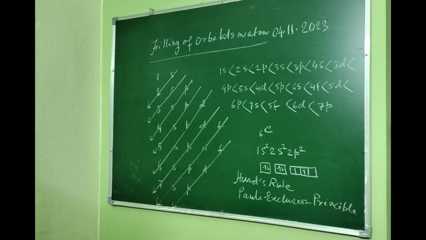This rule deals with the filling of electrons into the orbitals belonging to the same subshell. These orbitals of equal energy are called degenerate orbitals. It states that pairing of electrons in the orbitals belonging to the same subshell, p, d or f, does not take place until each orbital belonging to that subshell has got 1 electron each, that is, it is singly occupied.